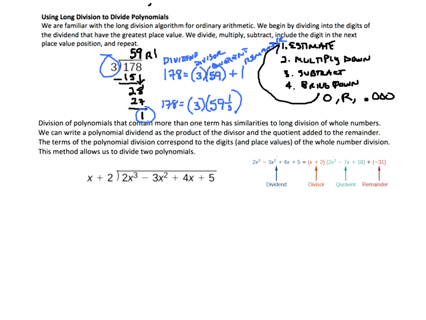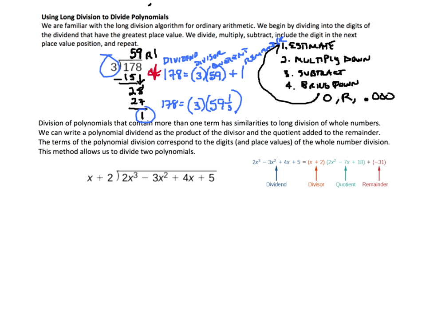So both of these interpretations are correct. And this is the one I want you to focus on, because this is the one that's going to be very important to us as we begin looking at polynomials and dividing them.